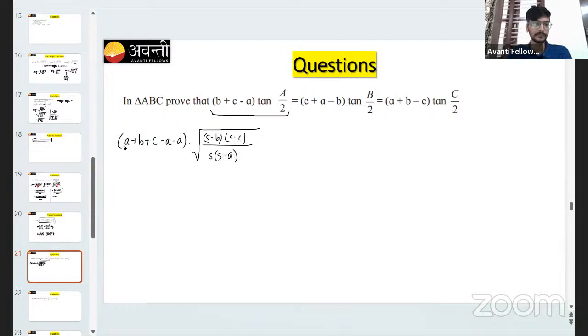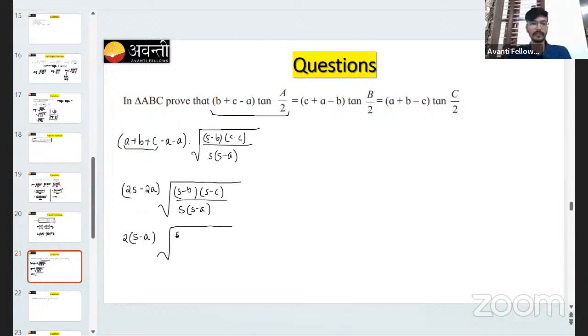So here if you see this a plus b plus c, do you remember a plus b plus c? A plus b plus c is the perimeter and perimeter equals 2s. So this will be (2s minus 2a) into under root of (s minus b)(s minus c) upon s into (s minus a). From here we can take 2 common. So we get 2 into (s minus a) into under root of (s minus b)(s minus c) upon s into (s minus a).